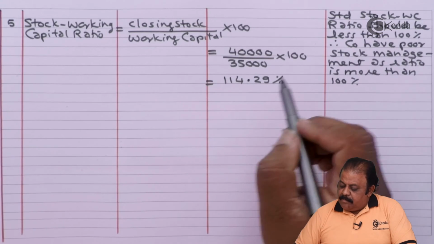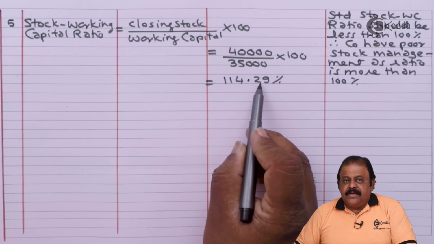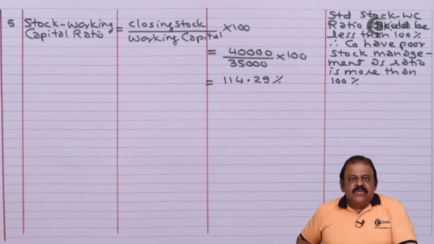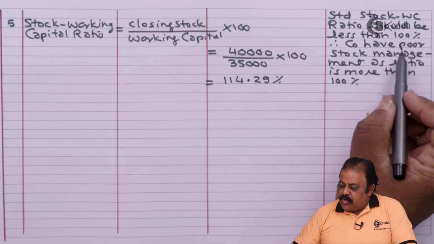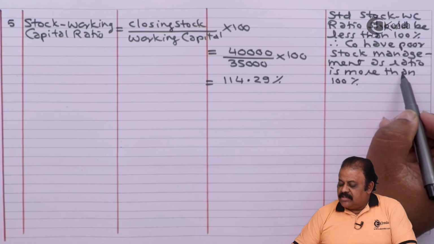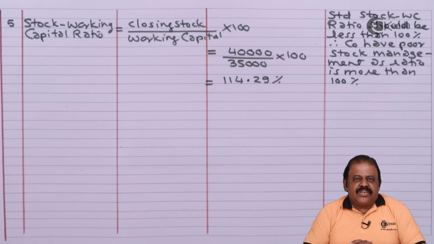In this case, company is having stock working capital ratio 114.29%, which is higher than 100%. Therefore, it indicates poor stock management by the company. In this question, we have learned how to prepare vertical balance sheet, calculation of various ratios, and brief comments on those ratios.